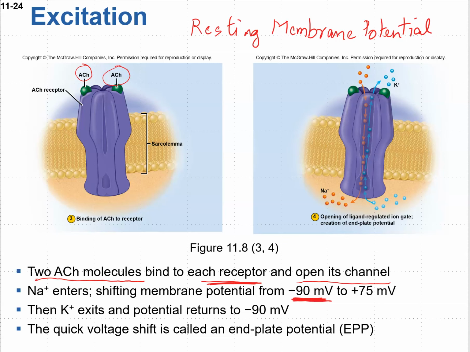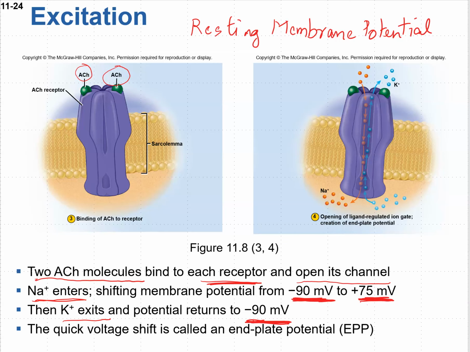So when these channels open, sodium enters the muscle cell, and this rush of sodium into the cell causes the membrane potential to shift from minus 90 to plus 75 millivolts. Then potassium exits the cell and the membrane potential returns to minus 90 millivolts.